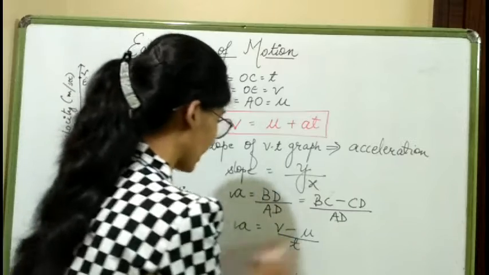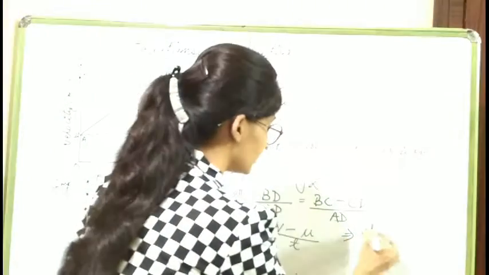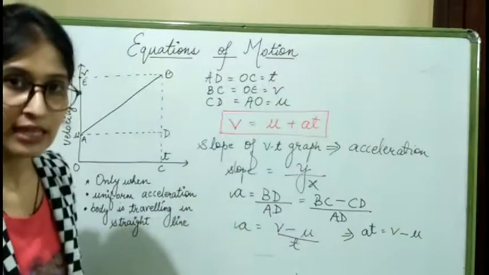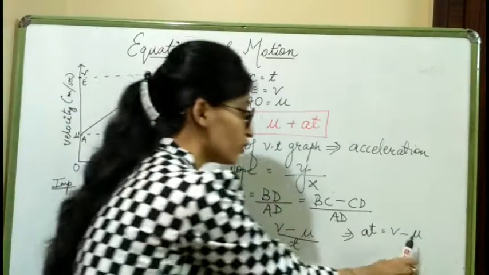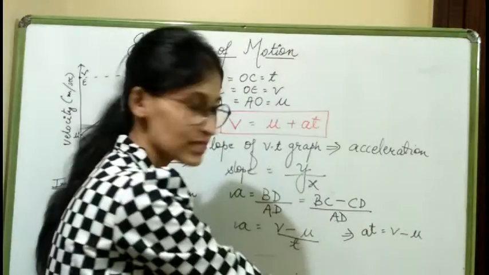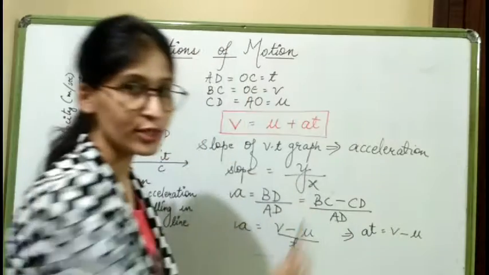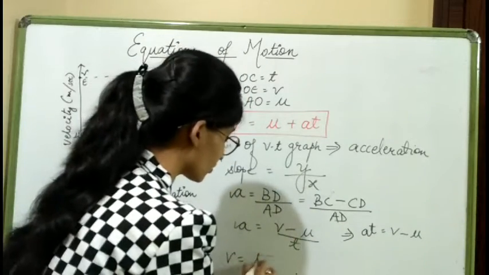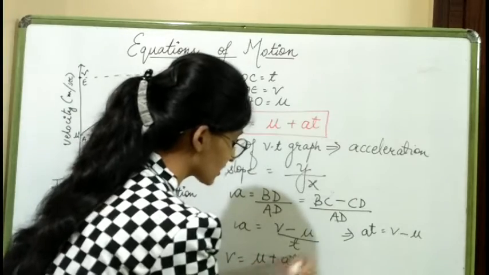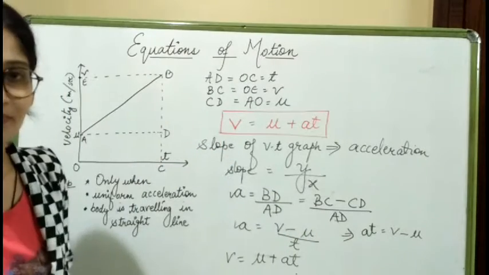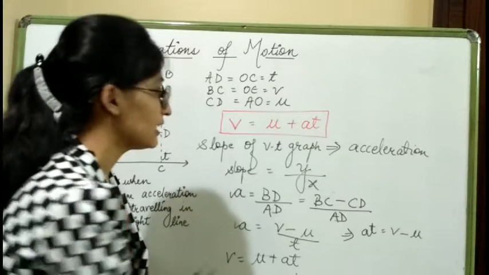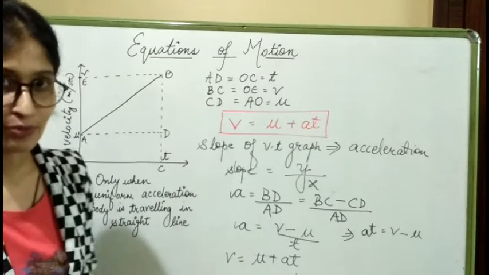On cross multiplying, it will become AT equals V minus U. When I shift U from RHS to LHS, the negative sign will convert to positive. So here I get V equals U plus AT. This is our first equation of motion.